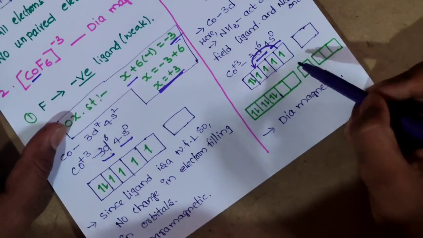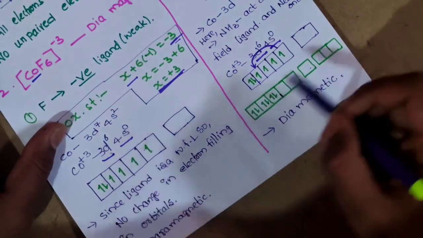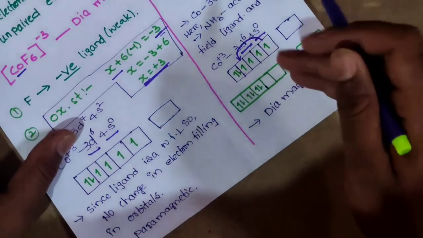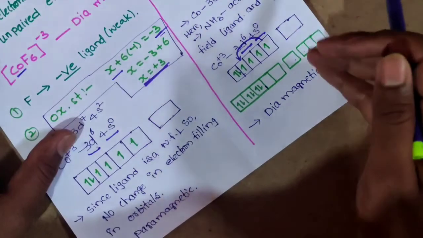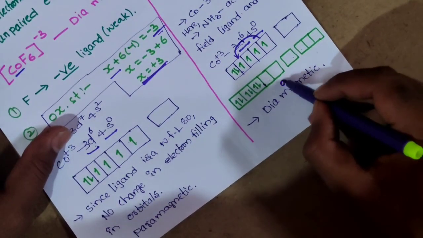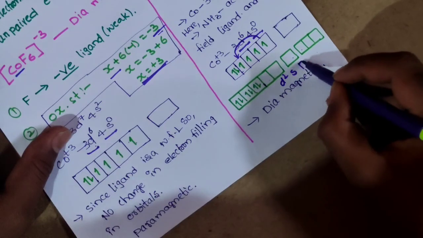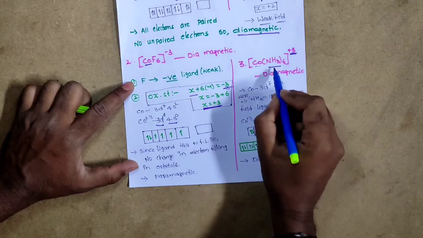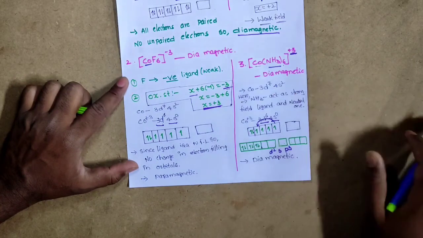All unpaired electrons get paired and leave these empty orbitals for metal and ligand bonding. That is, here the hybridization is d2sp3, because we have 6 ligands, and these 6 ligands are strong field ligands.